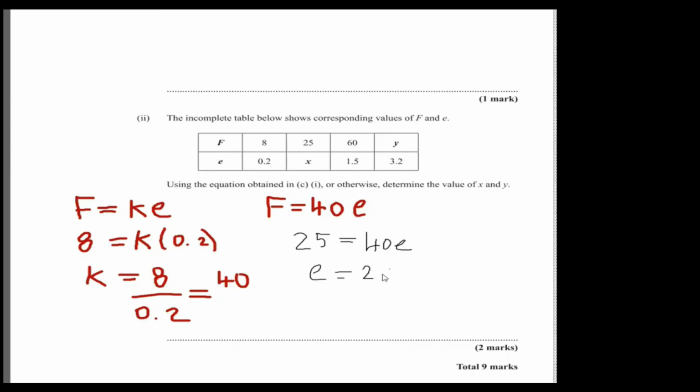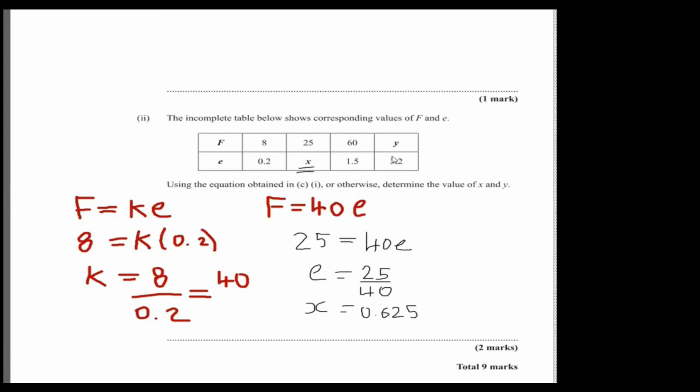Put that as a fraction for us. 25 over 40, I think that's 25 divided by 40. That is 0.625. All right, so that is X. In this case, this is what X is equal to. So that takes care of X.